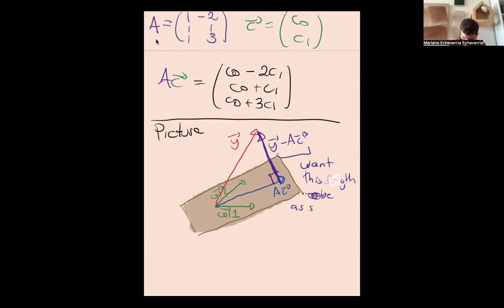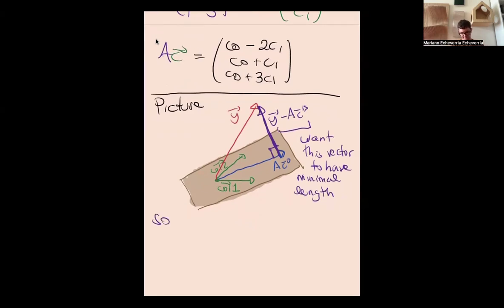You want this vector. And the idea is that that happens precisely when the purple vector is perpendicular to the plane.